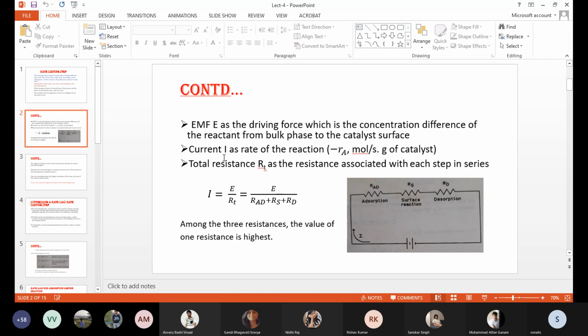The current I is the rate of the reaction, which is minus RA moles per second per gram of catalyst, and RT is the total resistance. Total resistance RT is RAD plus RS plus RD, the resistance associated with each step in the series. So I, the current, that is the rate of the reaction, is equal to E by RT, driving force by total resistance, E by RAD plus RS plus RD. Among the three resistances, the value of one resistance is highest.